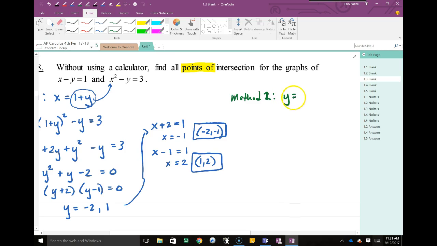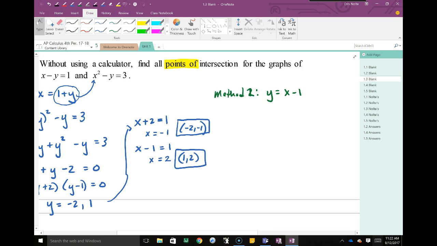First equation. Close. X minus 1? There we go. Just think about it, you'd add the y. Okay, what's the other equation going to be if I solve for y? X squared minus 3, there you go.